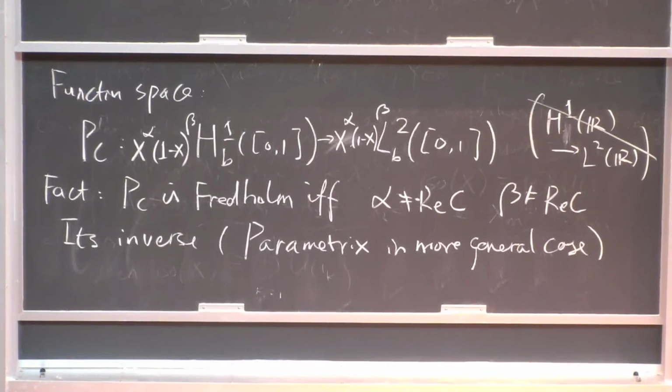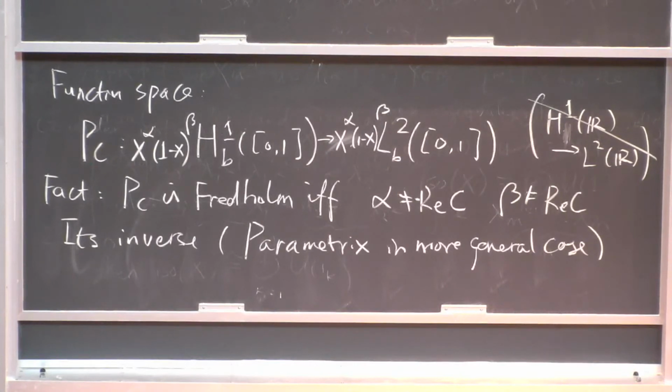Again, if you go back to this s variable, this is just a differential. So what's the inverse? The inverse is an integral, so the inverse is really just integration. You have to choose which end to integrate from, but if you satisfy that condition, there's no problem; you know which end to integrate.